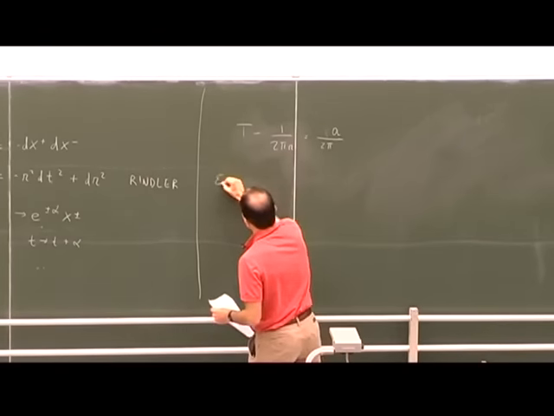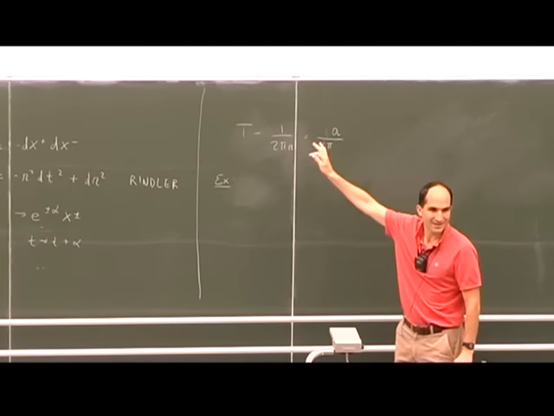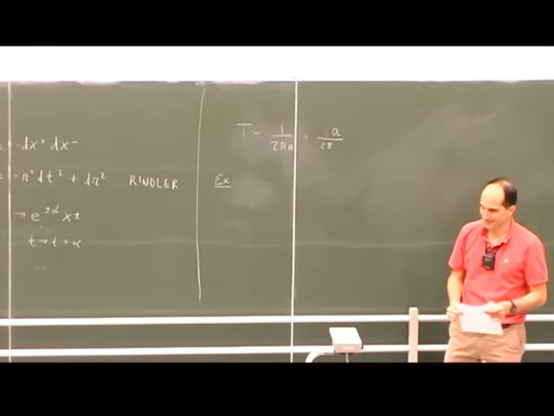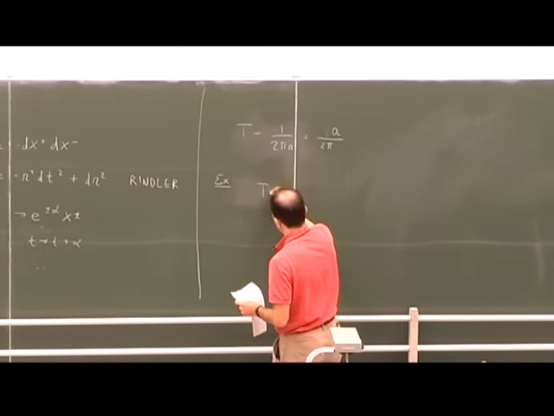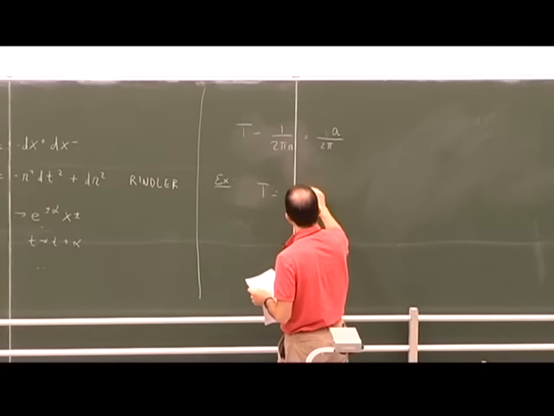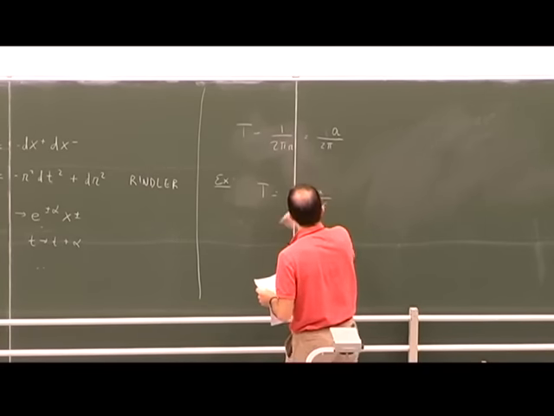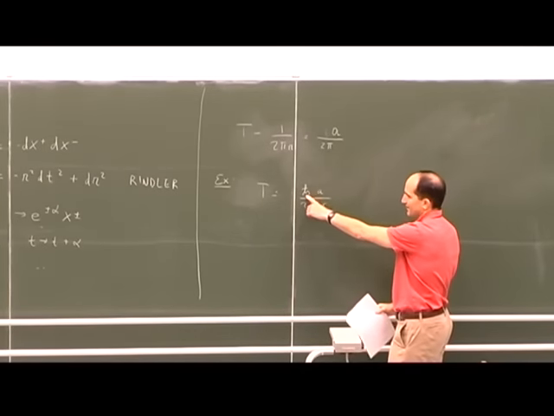One simple exercise is to put in the h bars and c in this formula. So this is a formula with h bar and c both set to 1. At least when I did this exercise, I got this. Maybe you get something different. First of all, it's important that it's a quantum effect, so it has an h bar.